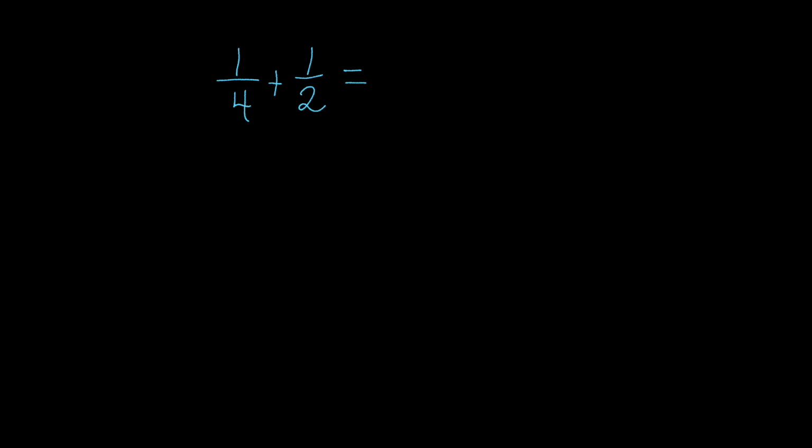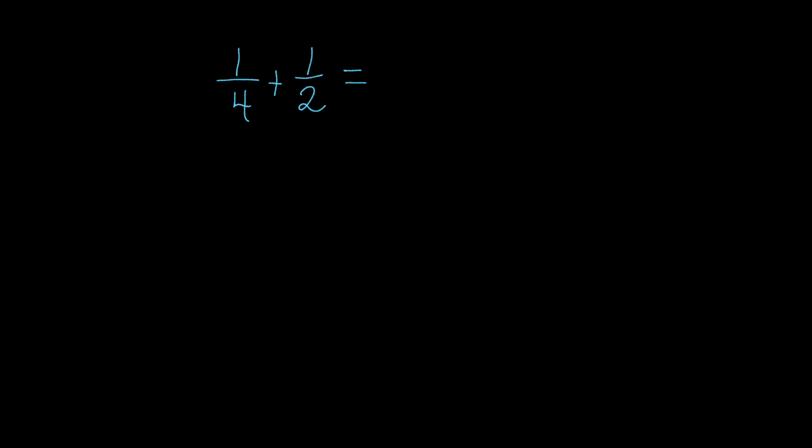If we didn't have the chart, we would still have to know which number is the lowest common denominator that we can change it to. So in order to do that, we have to find the lowest number that both the number 4 and the number 2 can divide into.